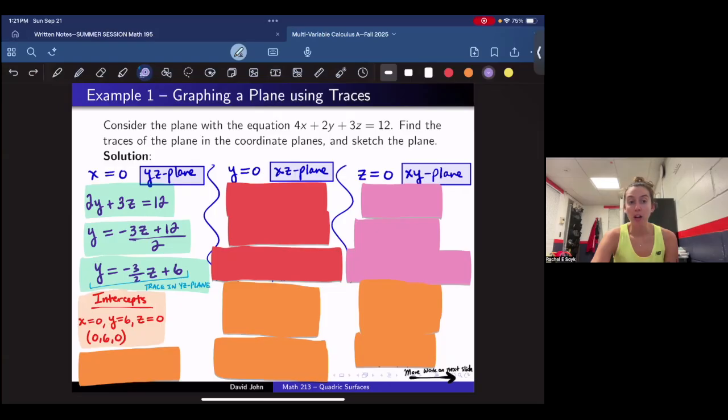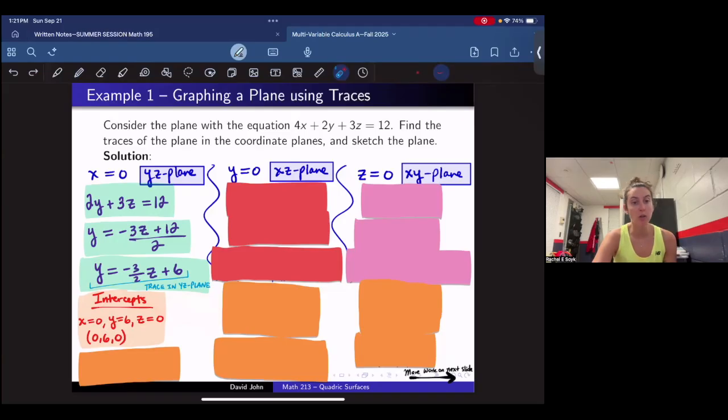And then what's another intercept? Why don't we now set y equal to 0 and then solve for z? So subtract 6 from both sides. Then we're going to multiply both sides by 2. So now we're looking at negative 12 is equal to negative 3z, and then divide both sides by negative 3, and then z is equal to 4.